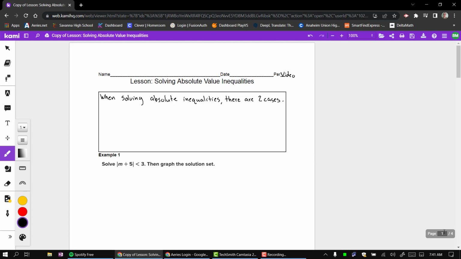So case one, the expression inside the absolute value symbols is non-negative.